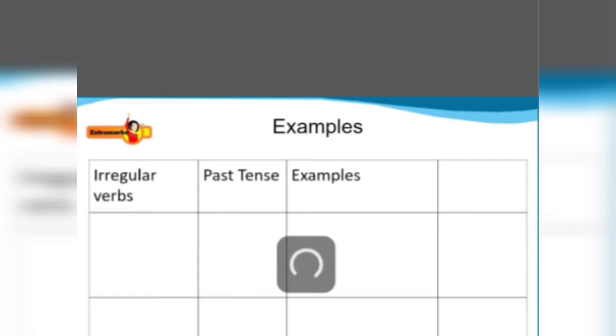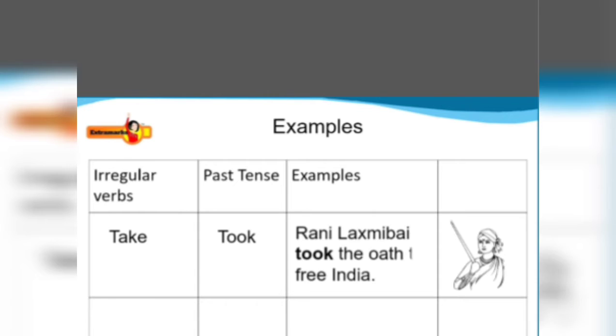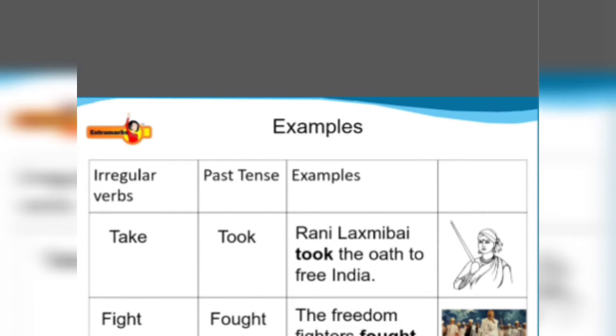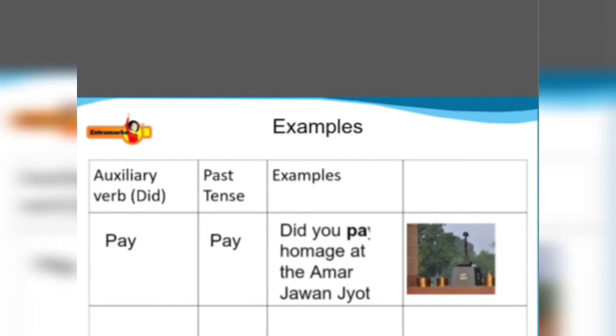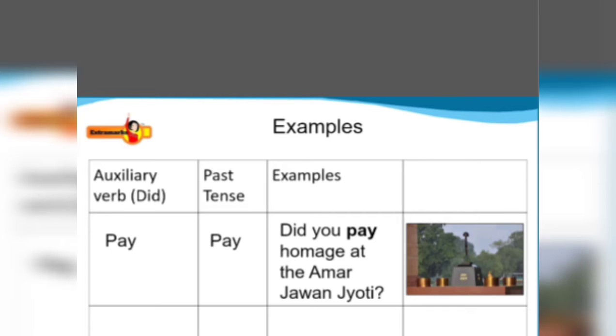Here, due to the verb being irregular, the past tense is different and ed endings are not used. Examples: take changes to took and fight to fought. If we use the auxiliary verb, such as did, the verb does not change in the sentence.